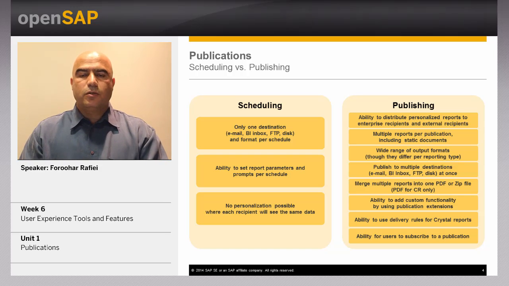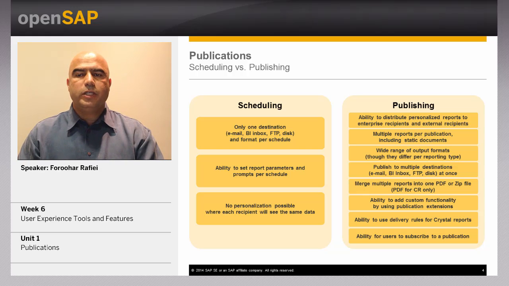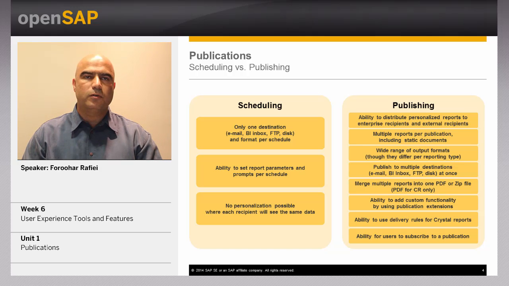So for publishing, you can publish to multiple destinations. For example, you can choose email, you can choose a personal folder, you can choose a disk, FTP, BI inbox, whichever you choose. You can choose them all at once.